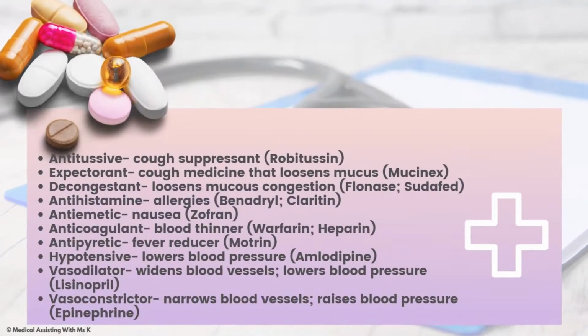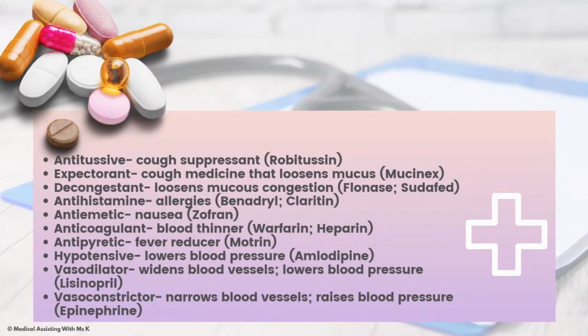The first thing I want to talk about are the different types of medication classes that you have to know. As a medical assistant, you need to know these anyway, but if you're preparing for certification, you will see questions on the test that may ask what an antitussive is. That is a cough suppressant. An example is Robitussin. As we go through each medication type, we'll go over some common medications within that class.